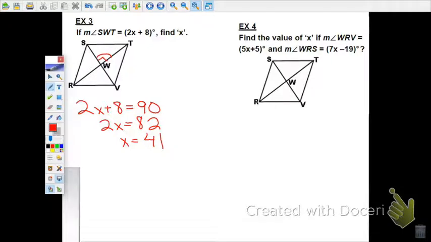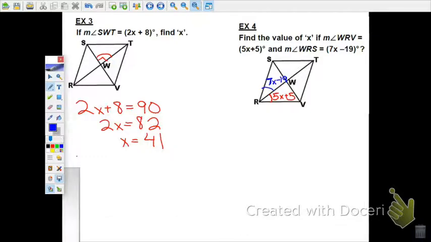Example 4 wants me to find the value of x if the measure of angle WRV is 5x plus 5 and WRS is 7x minus 19.